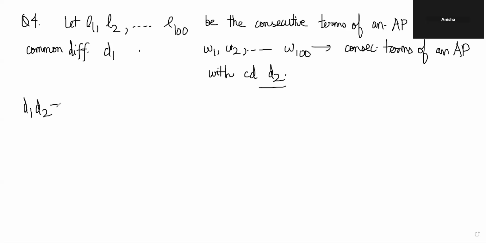D1 D2 is equal to 10, for each i equal to 1, 2, 3 till 100.